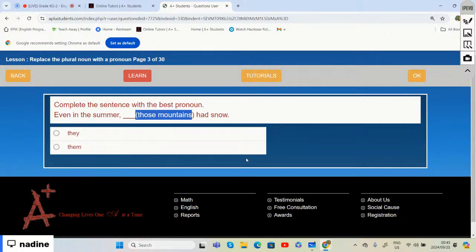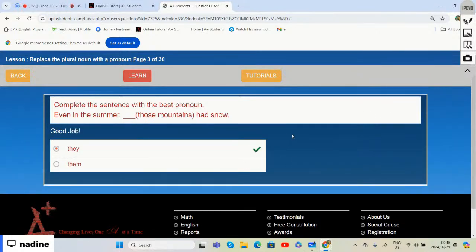And if we choose the correct option, we can say, even in the summer, they had snow. So those mountains refers to they.